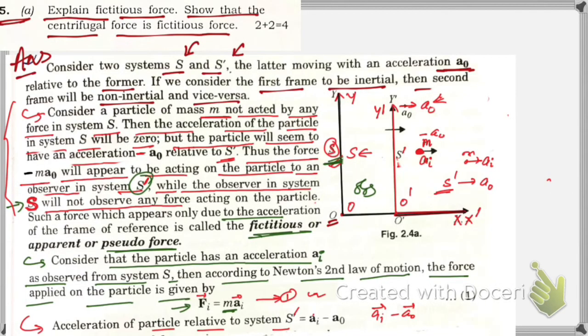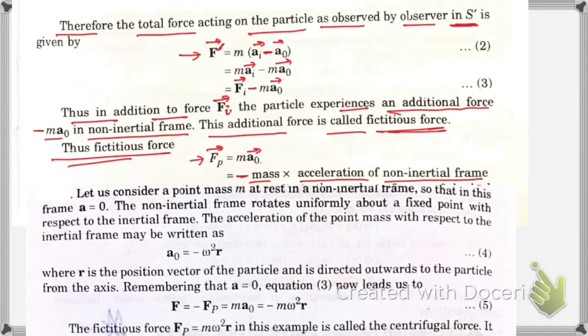Here you see centrifugal force is also a fictitious force. Now let us consider a point of mass m at rest in a non-inertial frame, so that in this frame a is equal to 0. That means we have considered two frames, S and S dash.